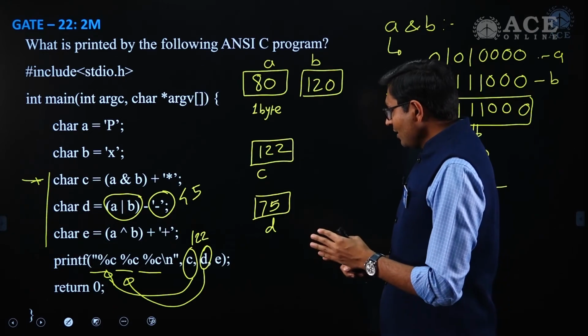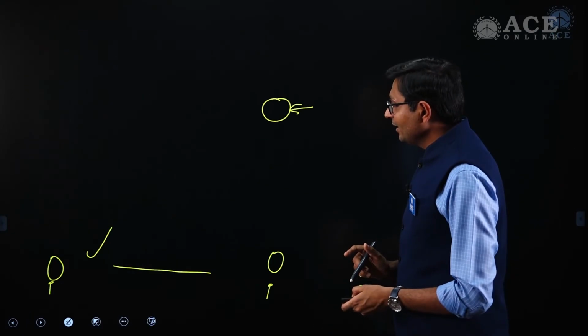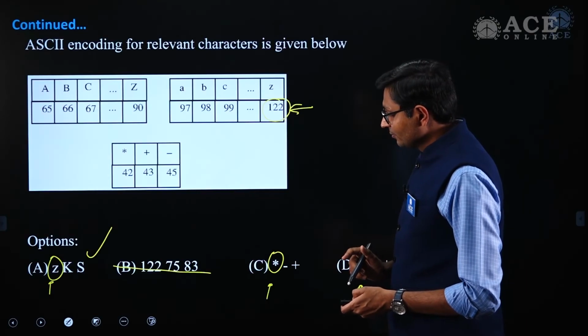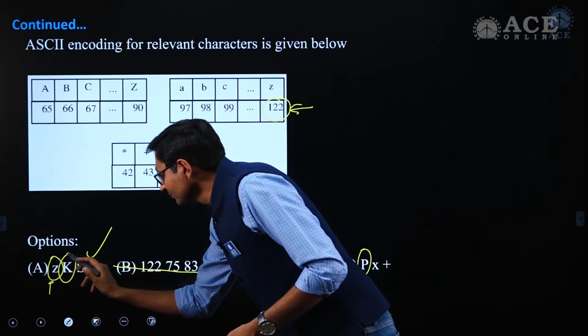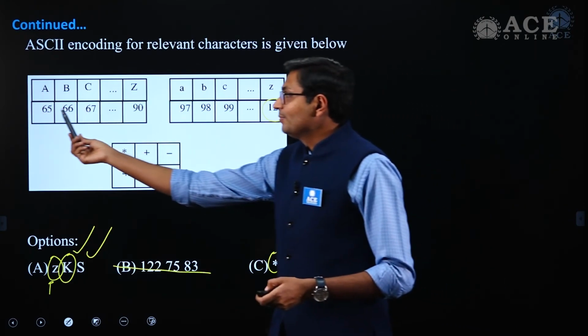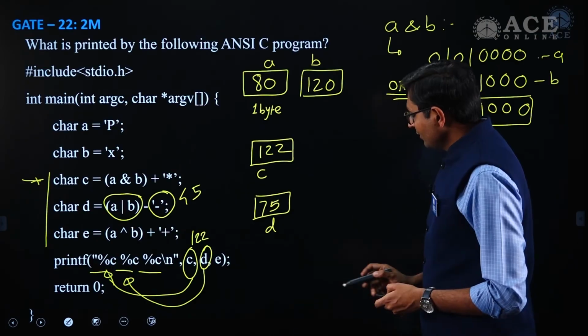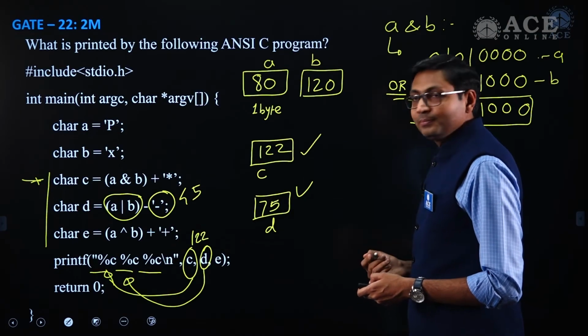So if I just count, I think it will be capital K. Let us look at the options. Yes, capital K. Or you can just count from here. Okay, so we have got the second one.